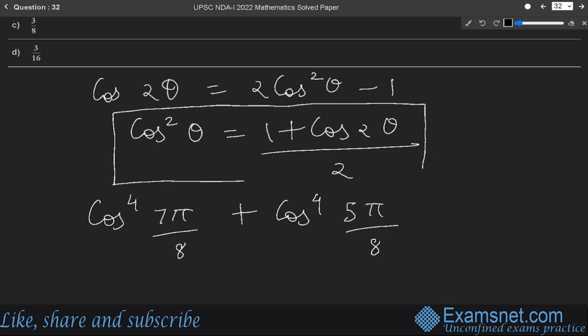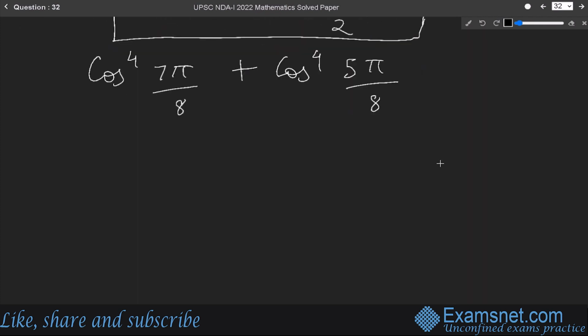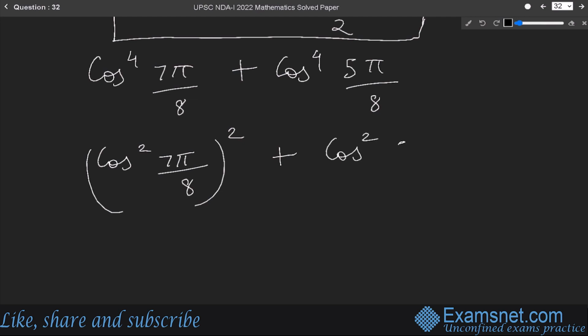So it is very important to remember this formula. Now, before moving on to the question, we can write it as (cos²(7π/8))² plus (cos²(5π/8))².